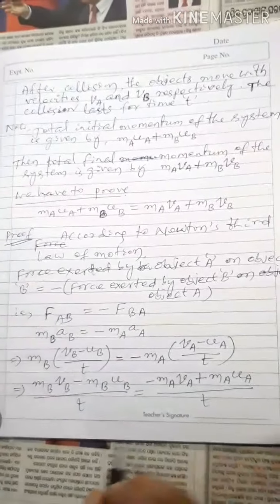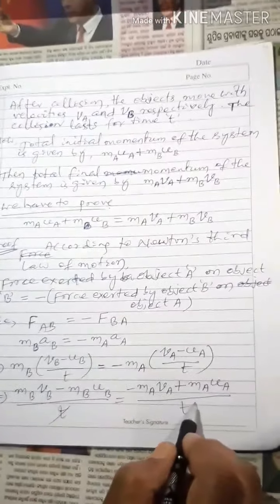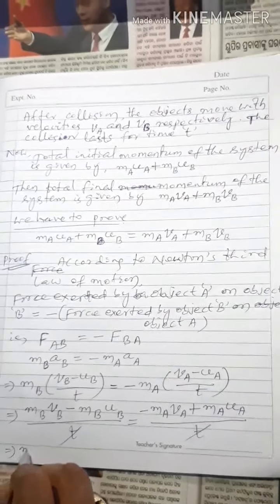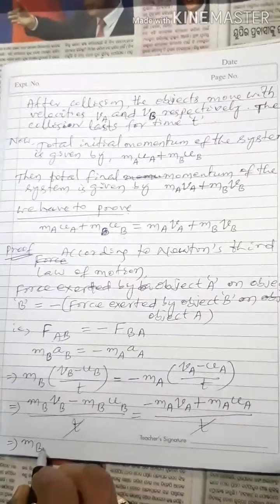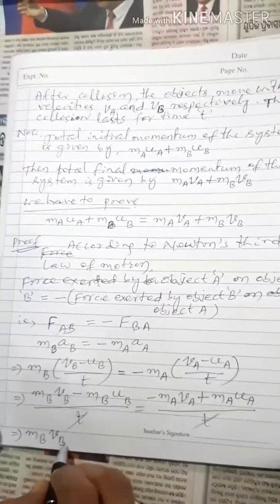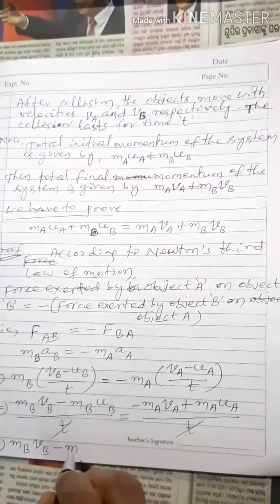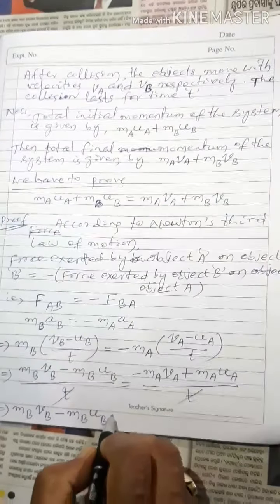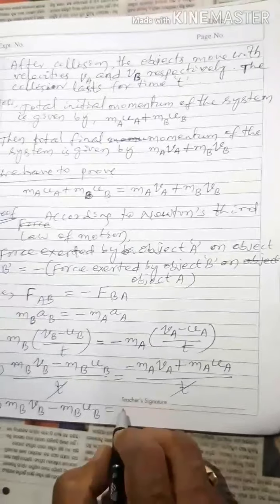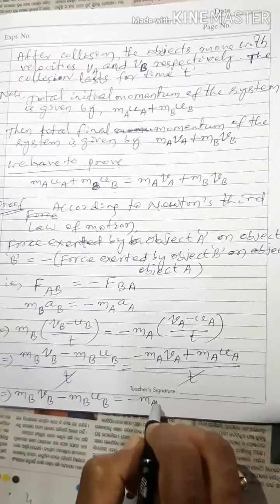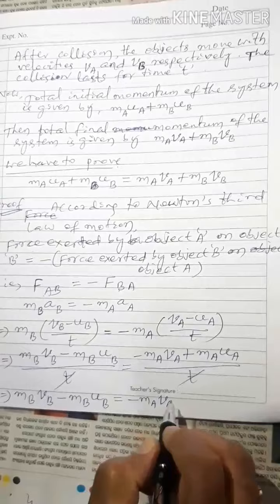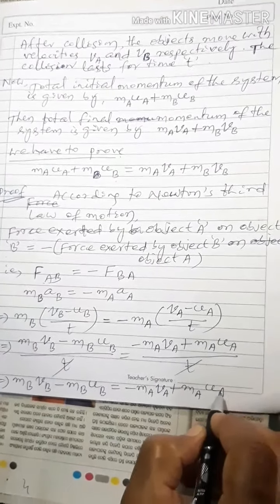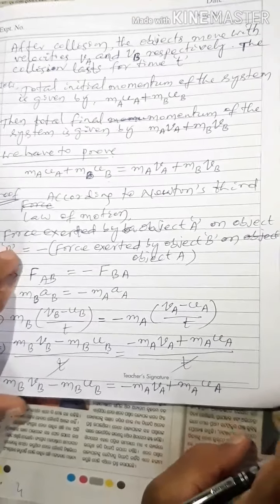Clear? Okay, cancel t from both sides. Now this is MB into VB minus MB into UB is equal to minus MA into VA plus MA into UA. Clear? Okay, next.